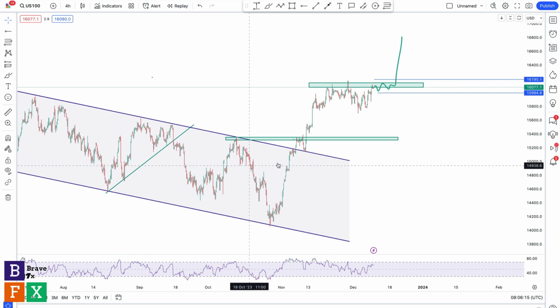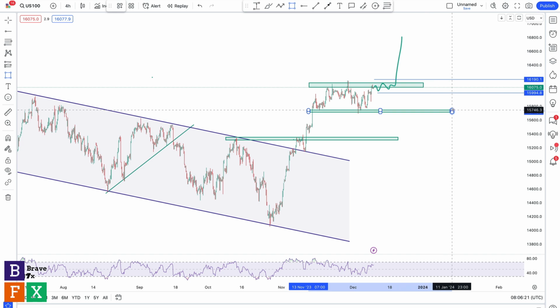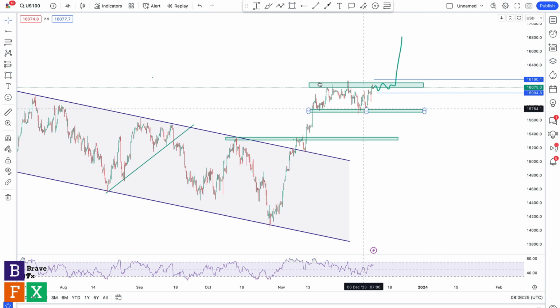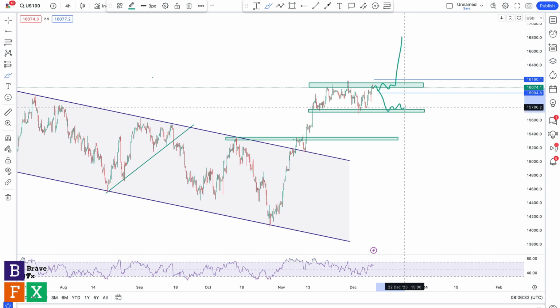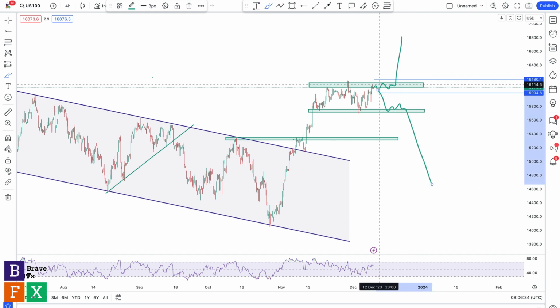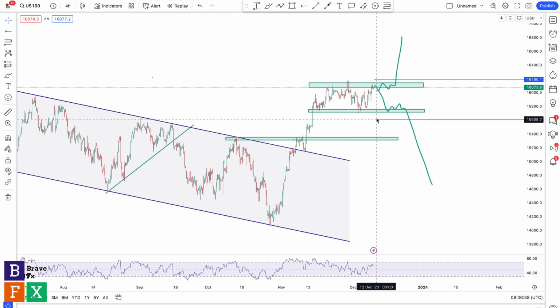For a bearish case scenario, I know it's good to look at both cases. All you have to do is watch out for this support level. This is where I have my eyes on. You could see price reverse to the downside, consolidate a little and give us a bearish breakout to the downside. This could be our confirmation to go short.